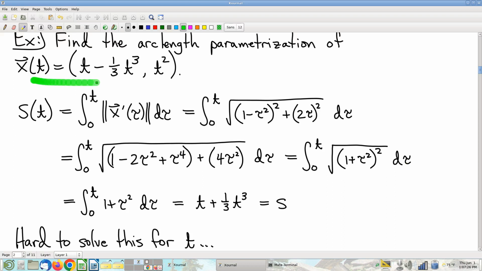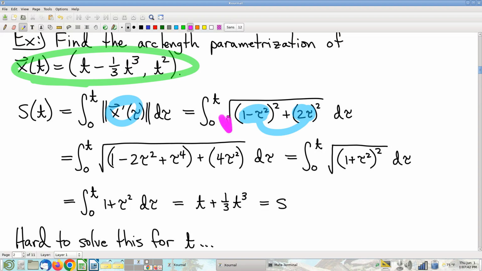So I went to some trouble here to find a parameterization such that when you compute the velocity, your x prime, and compute the magnitude, of course the magnitude is the square root of the sum of the squares, that square root ends up, look what I did here, working out to the square root of a perfect square. That was a trick shot, right? This does not happen as a rule. And so we managed to beat the odds and come up with an integral that I can actually do.